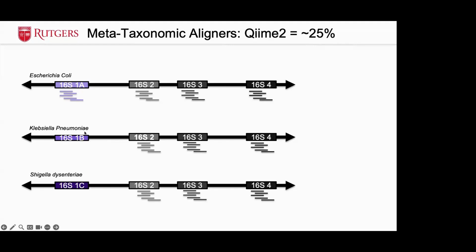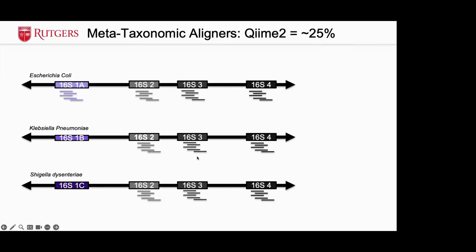Then if you come in with sequencing reads, let's say the sample really did have E. coli and nothing else. I'm going to have sequencing reads that will align to this unique region, but also to these shared regions. Then it looks like maybe I do have Klebsiella or Shigella in addition to my E. coli, because I'm hitting those 16S genes.